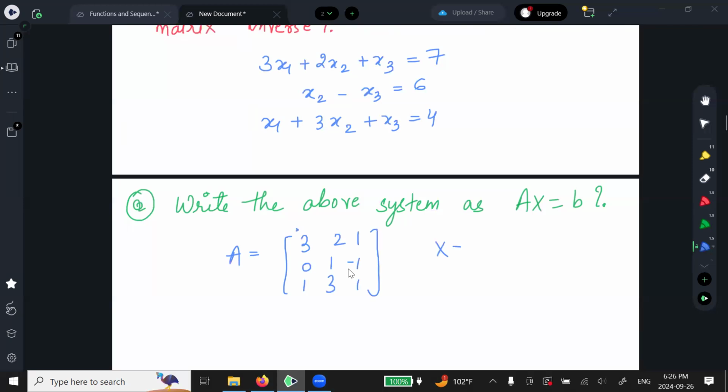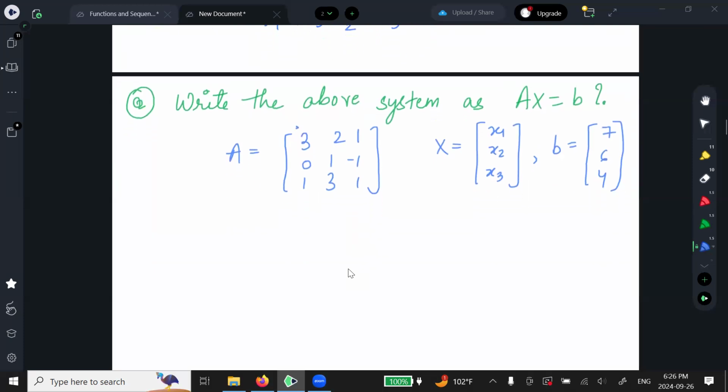And what is your X? X1, X2, X3, right? What is B? And how do I write it as an equation? I get the matrix A times X, which is that column matrix.